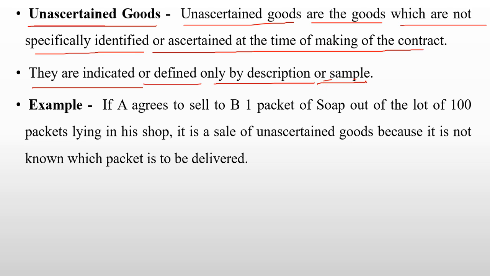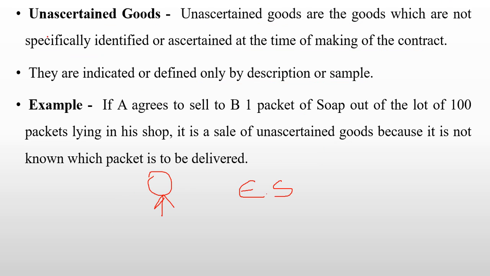We'll take one example to understand uncertain goods. Suppose you are the buyer and you visit one electronic showroom.